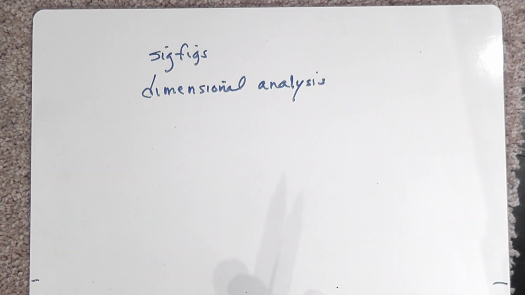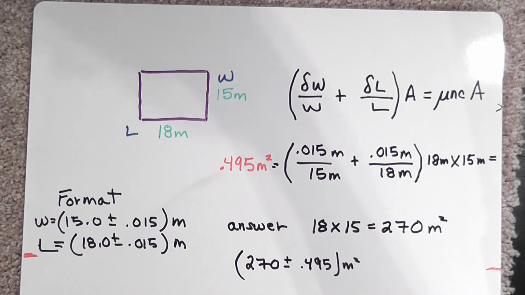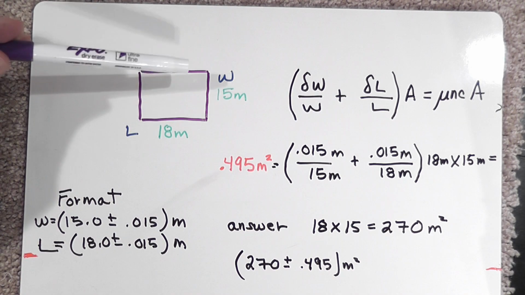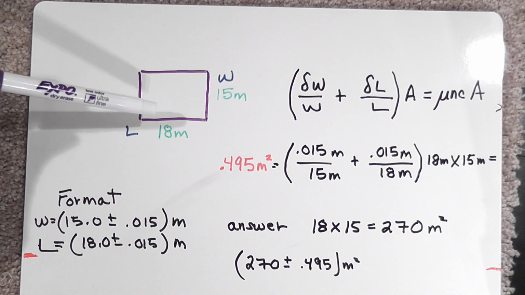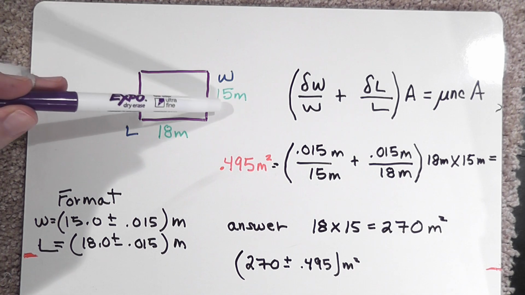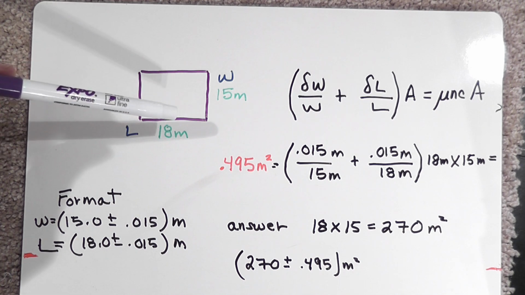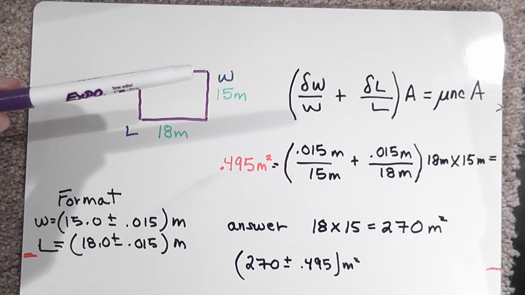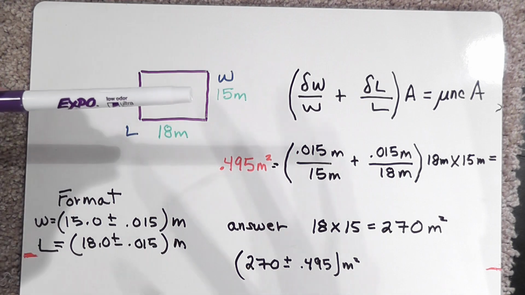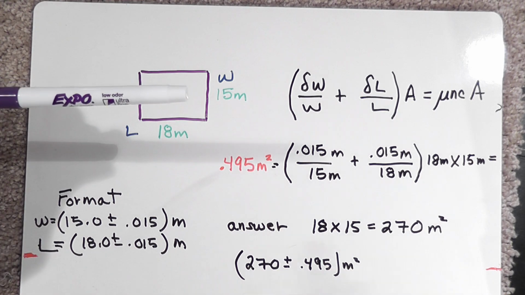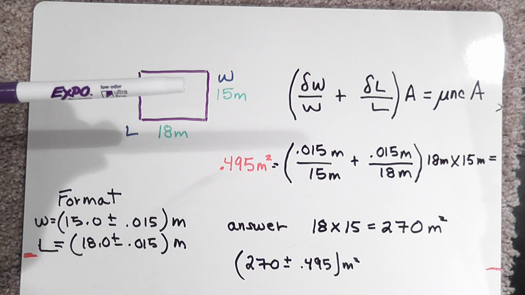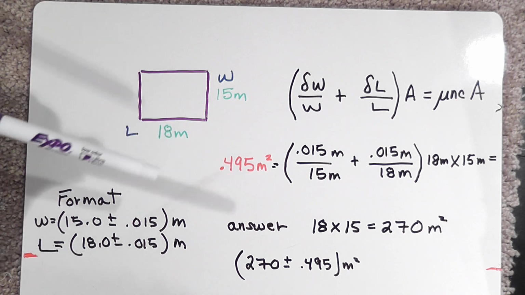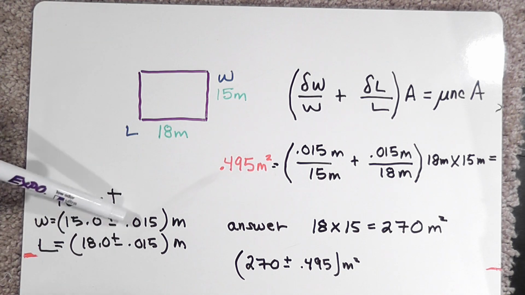Okay, so let's talk about uncertainty. You have an area, length times width. You have 18 meters on the length and 15 meters on the width, and you want to know what is the uncertainty. So you have a measuring device, a ruler, a scale, tape measure, and the lowest increment on this tape measure is 0.015.